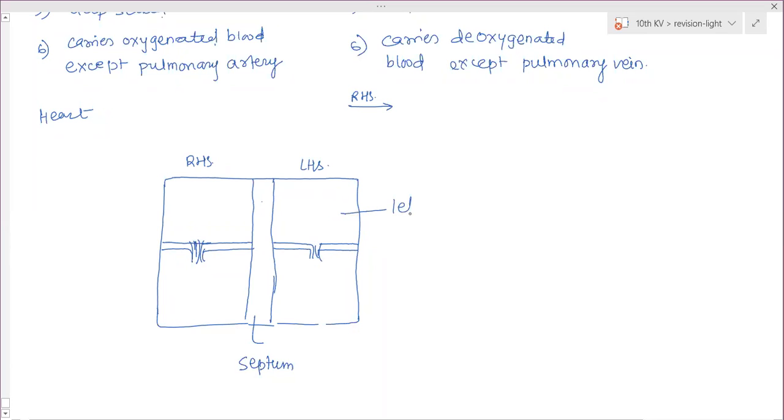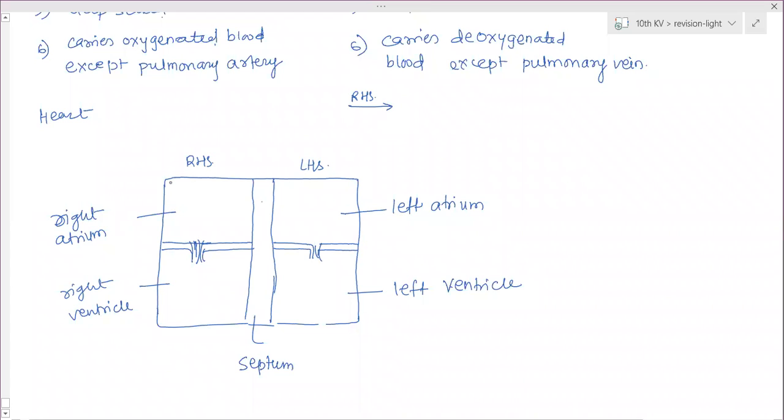So this is the left atrium and this is the left ventricle. This is the right atrium or auricle and this is the right ventricle.